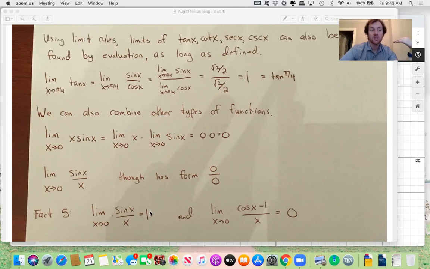We actually saw an example of this. If you look back in your notes, we did an example where we computed some values of this for x getting close to 0. And we saw from that table that it was actually getting close to 1. You could also graph this, and while the graph will have a hole at 0, it does head up towards 1.